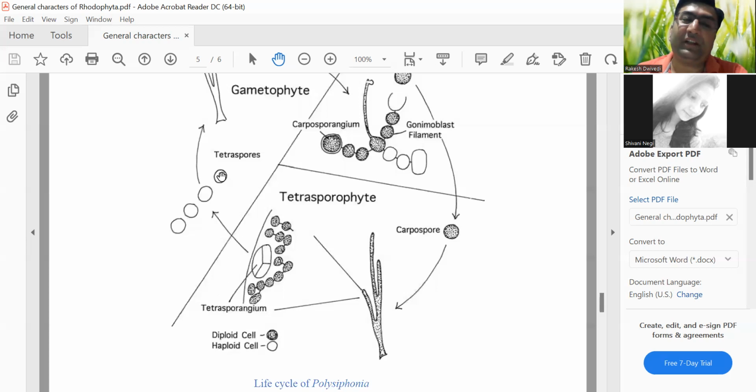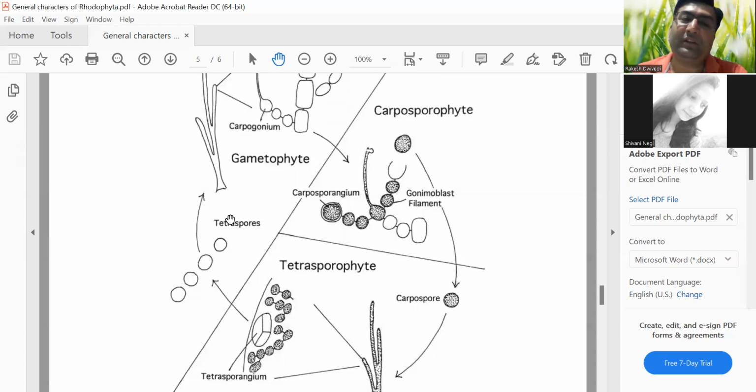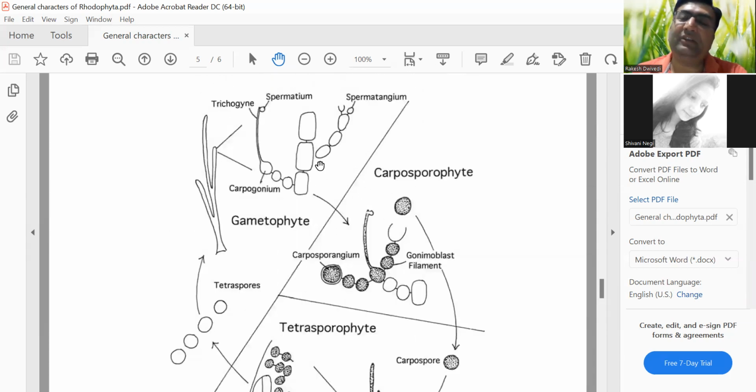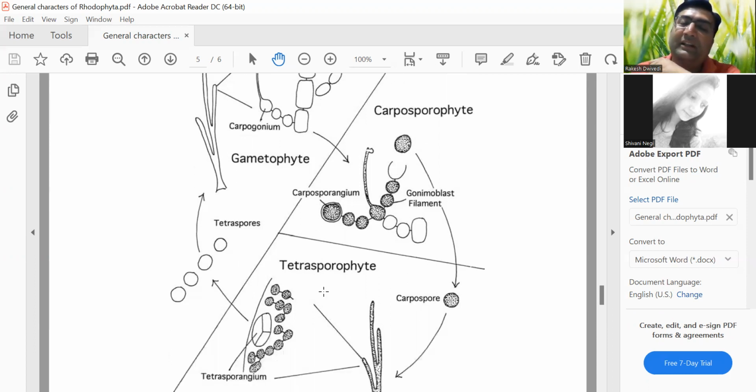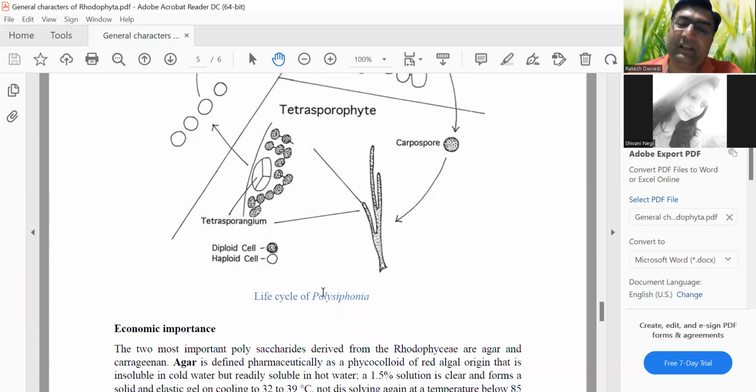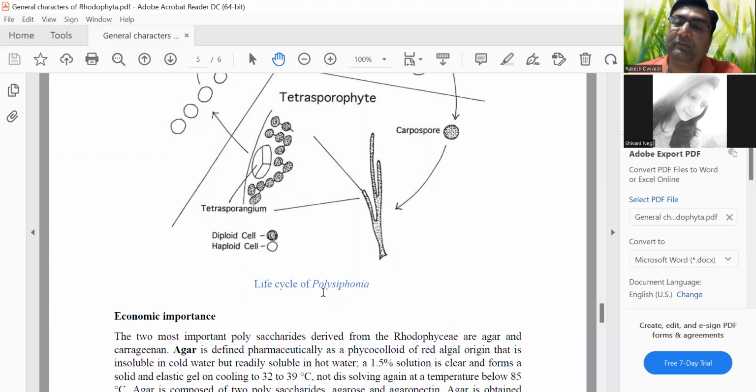Out of 4 tetraspores, 2 convert into the male gametophyte and 2 convert into the female gametophyte. The diploid phase is represented 2 times, one in carposporophyte form and another in tetrasporophyte form. So this is the life cycle of diplobiontic.